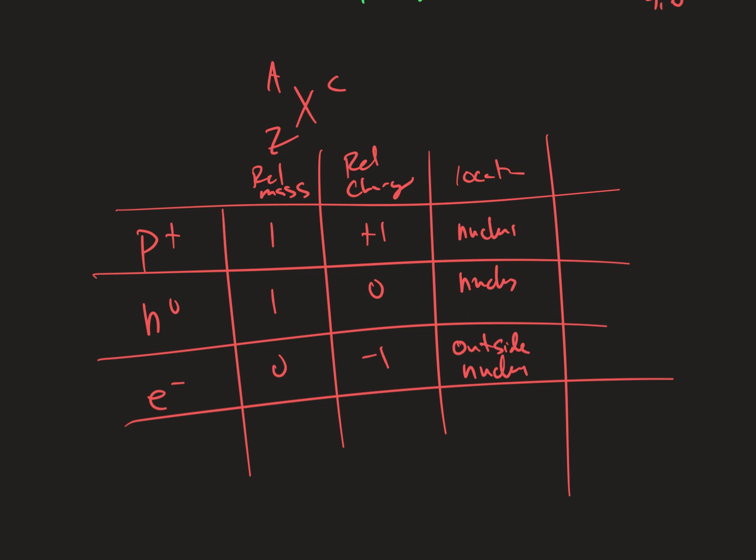And then the attributes: the proton is the atomic number, right? It determines the element. Neutrons determine the mass, or the mass number, which is protons plus neutrons, right? And the isotope, what isotope we have. So we talked about silver 107 and silver 109.